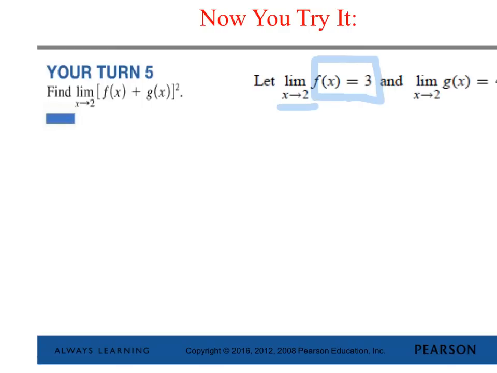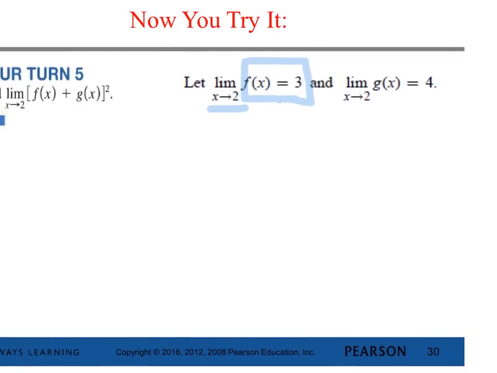And by the same token, we have another function, g of x, which is different. And g of x, if you let x approach 2, its limit is 4.